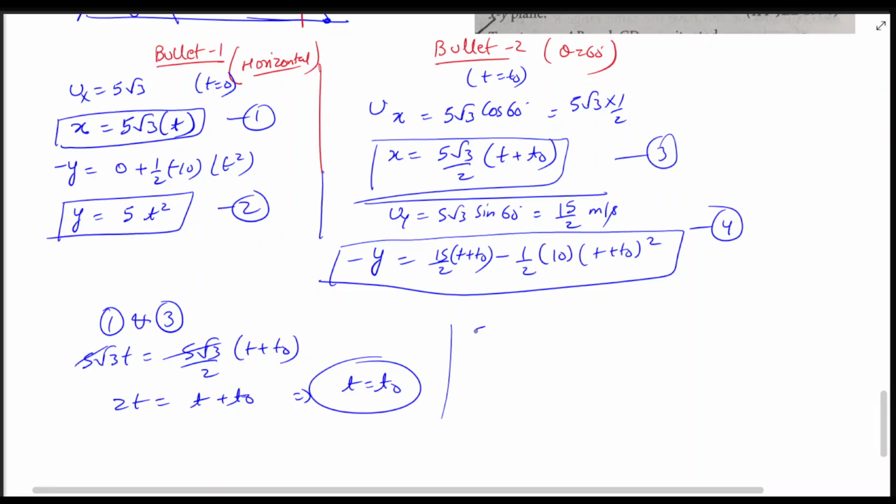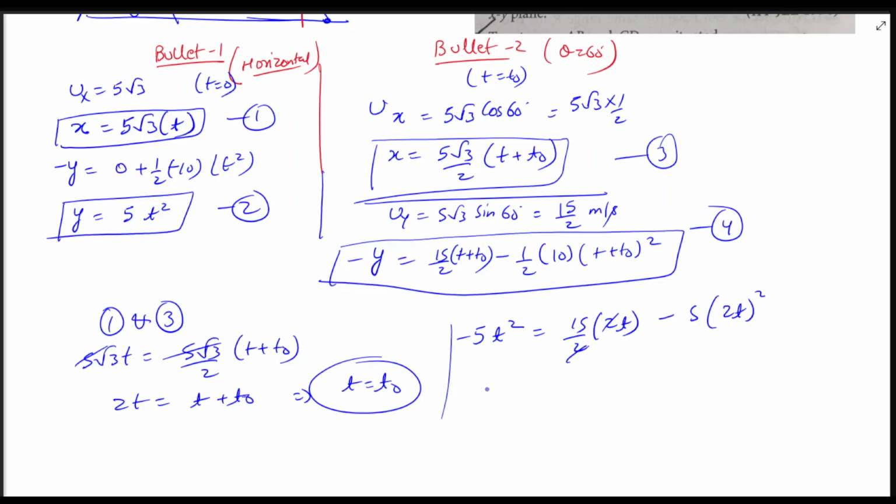We will have 5t square minus 5t square equal to 15 by 2 into 2t, minus 5 into 2t whole square. So this will get cancelled. Minus 5t square equal to 15t minus 5 into 4, that is 20t square.